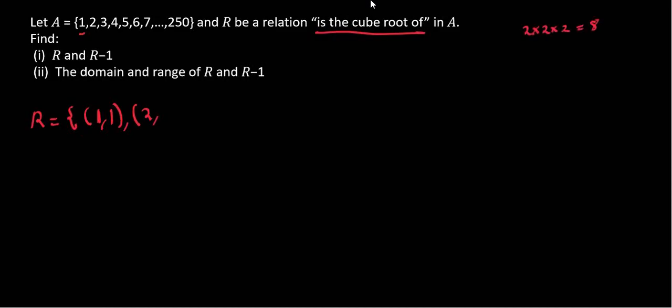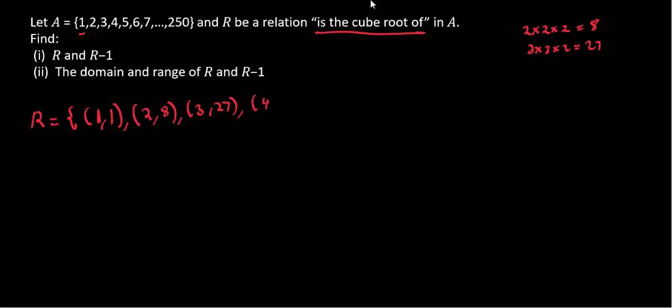What's the answer? 8. Is it among set A? Yes, it's correct. Then you also do 3. So if I say 3 times 3 times 3, what's the answer? It is 27. Is it in A? Yes. So you say 27.